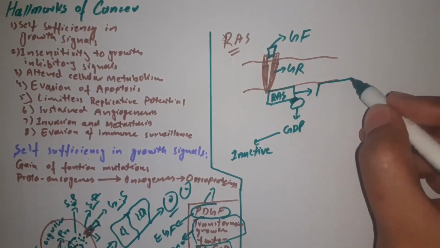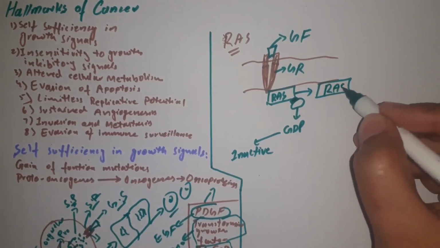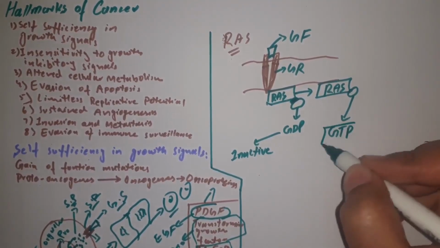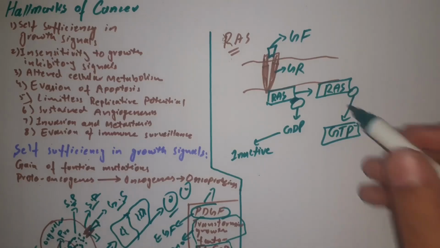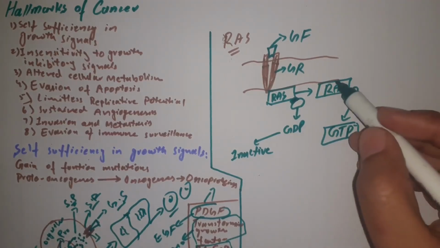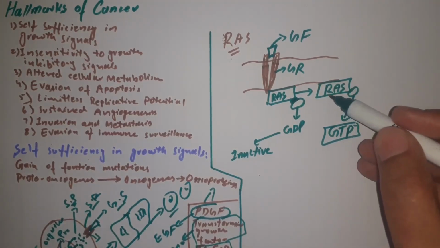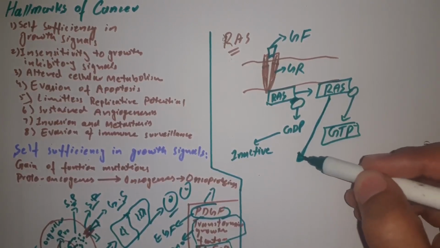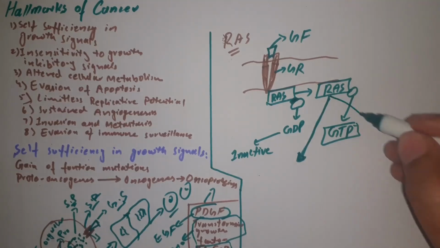RAS gets bound by GTP, and when it gets bound to GTP, it becomes activated. When it becomes activated, it leads to the downward cascade of signals, and this cascade of signals is manifested in two different pathways.